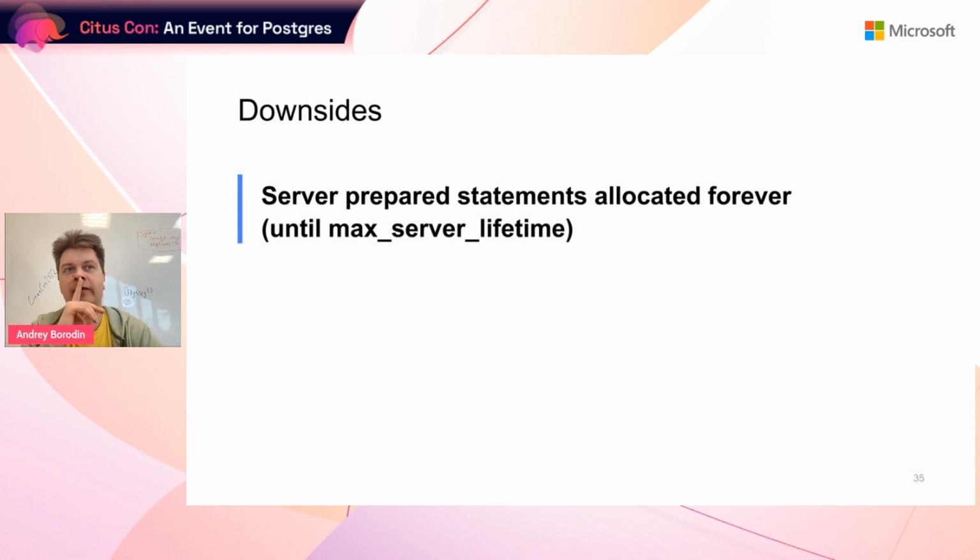For example, you can have a combinatorial explosion with the types of parameters, because types of parameters are considered part of a SQL query too. They distinguish prepared statements between each other.